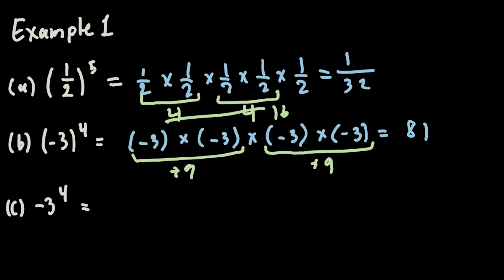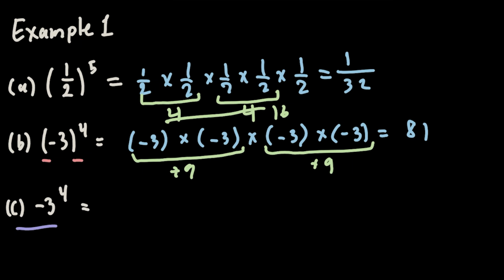Let's see part C. Part C says minus 3 to the power 4. Just notice here the difference between part B and part C. In part B we have parentheses, while in part C we don't have parentheses. And I'll just explain what that means.